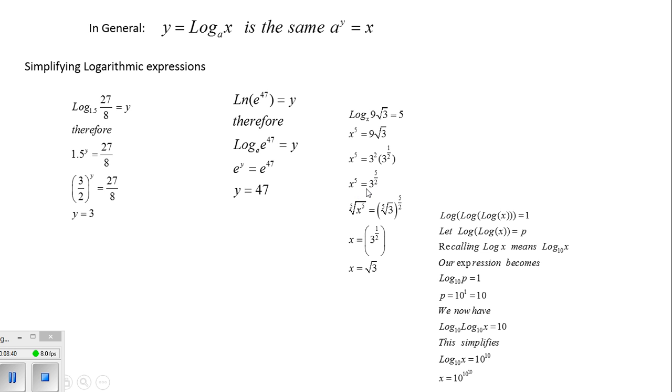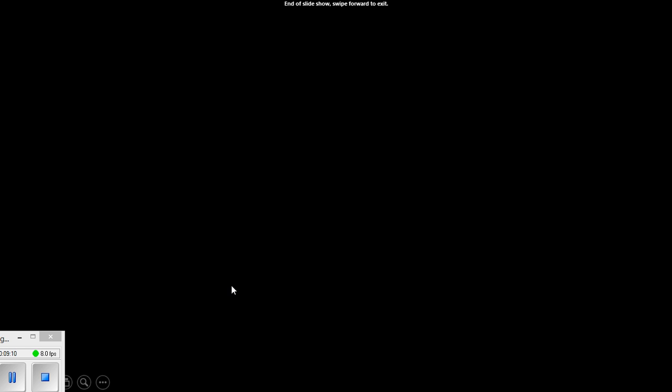So x to the 5th is equal to 3 to the 5/2 power. We can solve that by taking the 5th root of x to the 5th as well as the 5th root of this expression over here. Going through that, we find that the value of x is √3. These are some interesting problems we might pose to you in a little bit. Okay, so we're going to stop it right there.